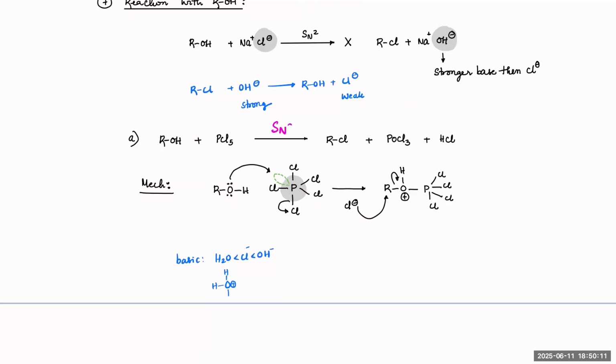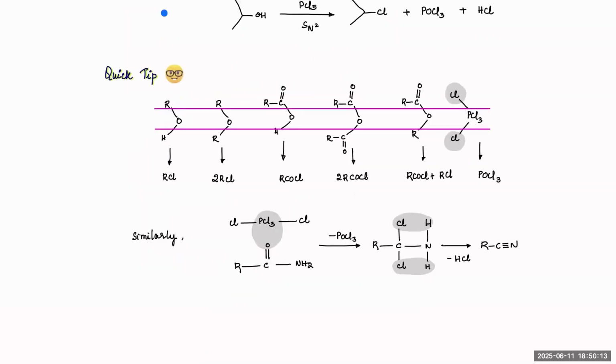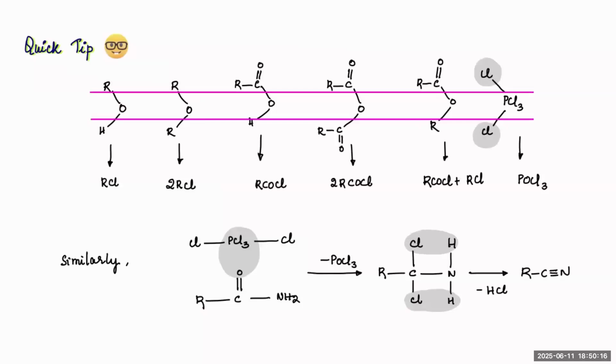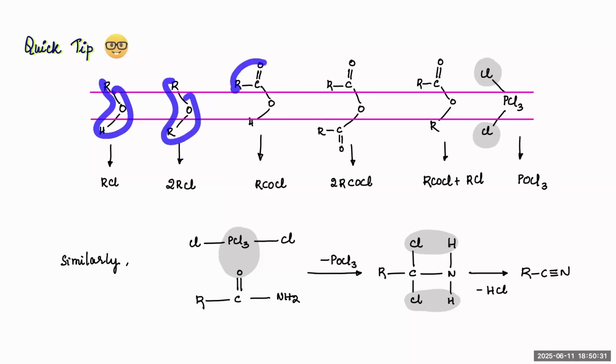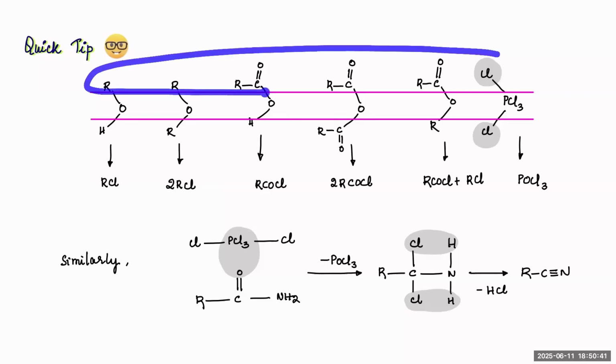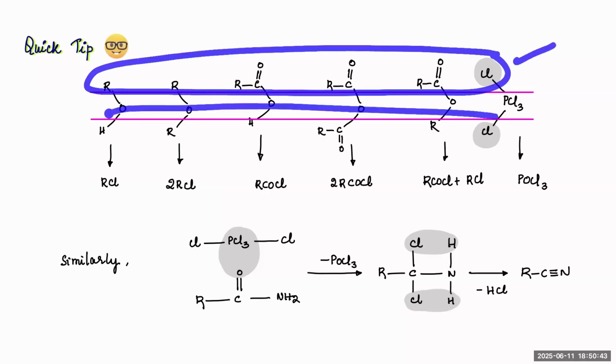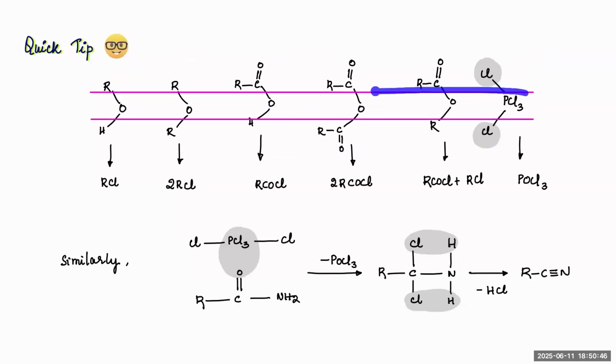Alright. This is an important tip to understand: whenever you have PCl5, and these are the functional groups given, that means alcohols, ethers, acids, anhydrides, and esters, you always make all these connections with chloride, and this will make POCl3.